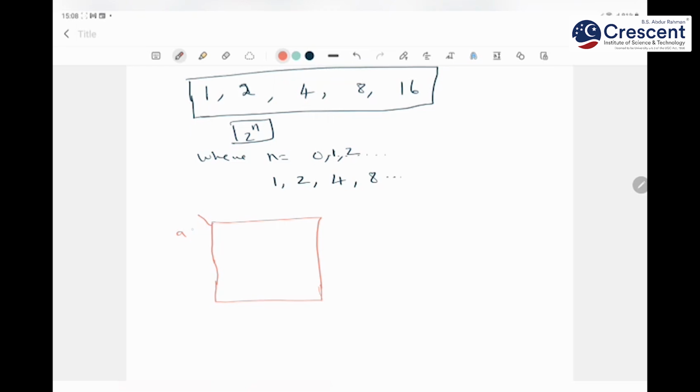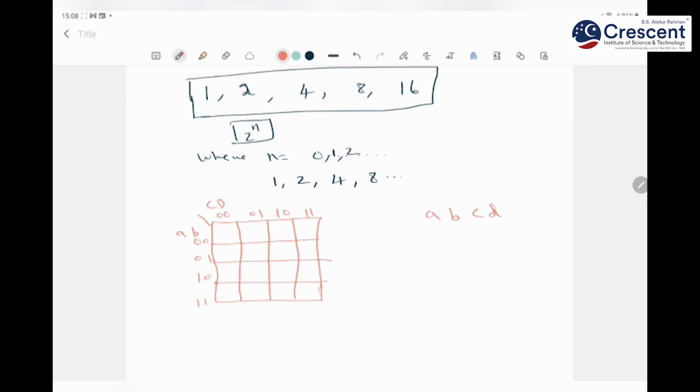Where in a 4 variable K-map, it will be having 4 terms A, B, C and D. So here A, B, and here it will be C, D, and you can have different cells 0 0, 0 1, 1 1, 1 0. So this is for a 4 variable K-map.